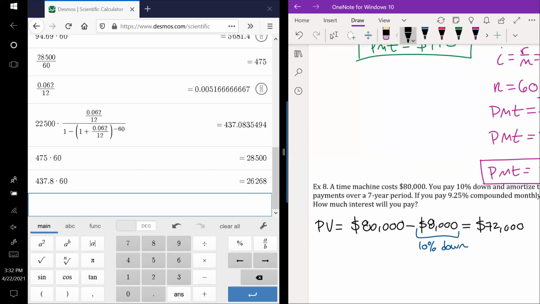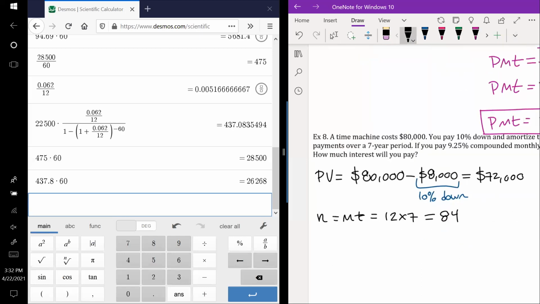Okay. And then we are doing this for 7 years and we are compounding monthly. So we can find n first. N is compoundings times time. So we are compounding monthly for 7 years. So that's 84 months.